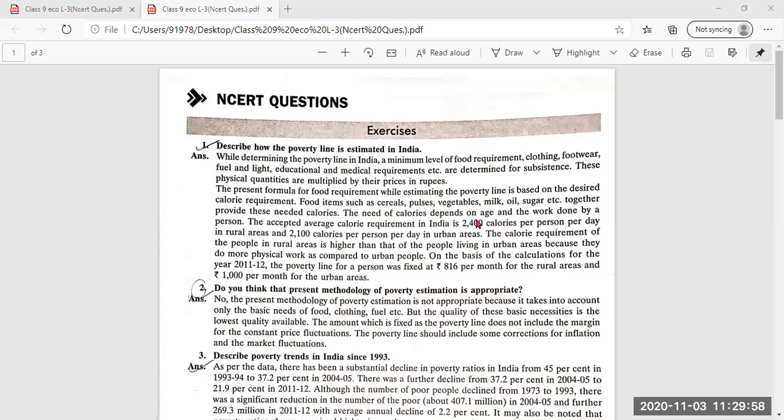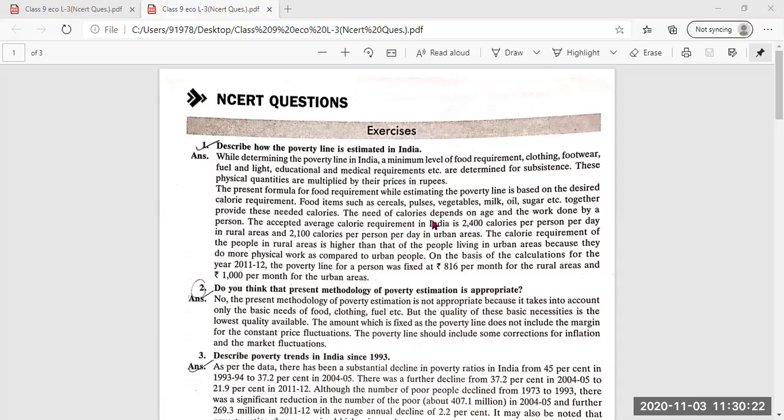The need for calories depends on the age also, and on the work done by the person. If the person is young and doing physical work, an earning member, then the calorie requirement will be more for that particular person.